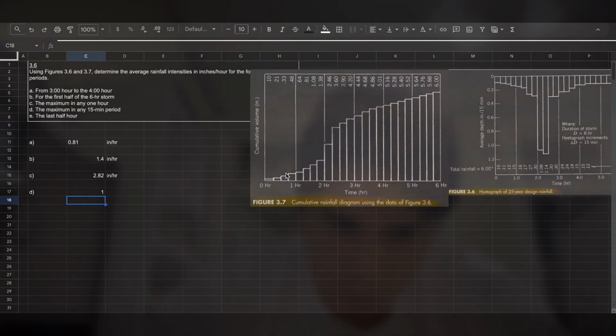So we're gonna have to go for 15 minutes is 0.25 of an hour. So you gotta do, it will be 2.25 of an hour minus 2, which will be at the beginning of this hour, of this part, right? So that's gonna give us 0.25, and you need to divide this by that time difference.